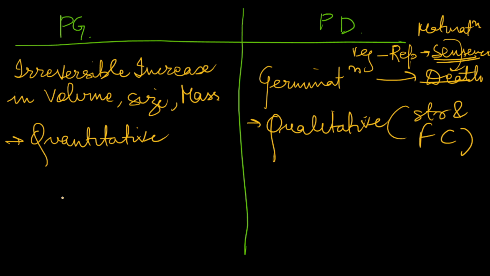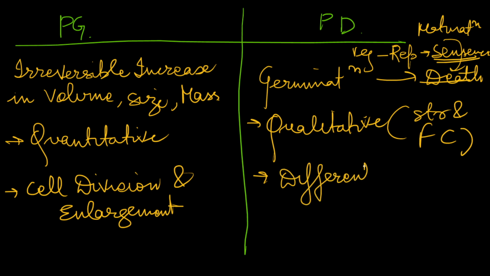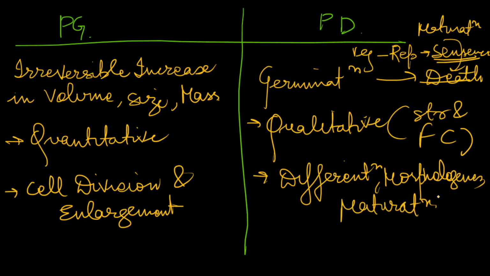There are also various other things. Generally plant growth involves cell division and enlargement, whereas development involves differentiation, morphogenesis and maturation.